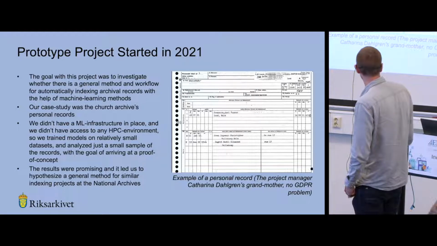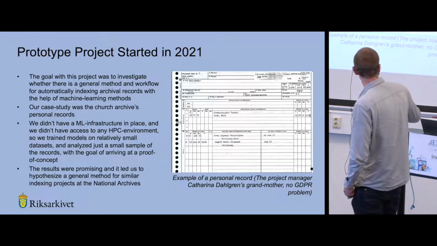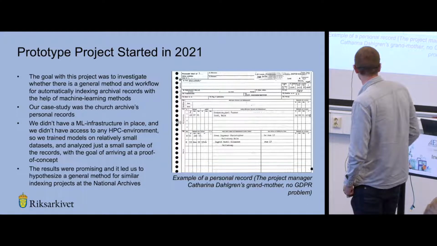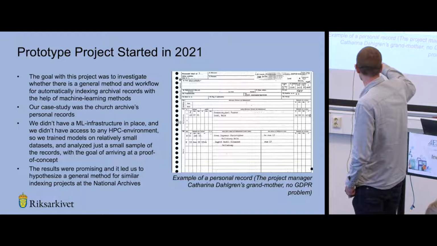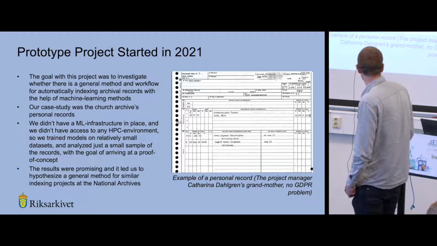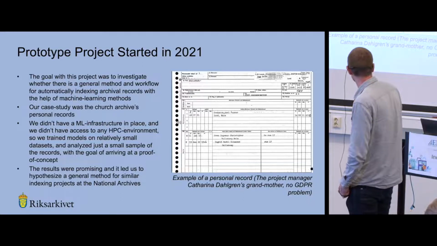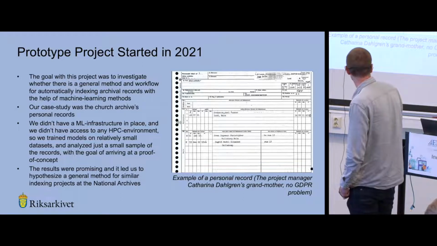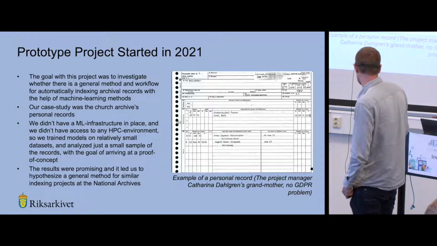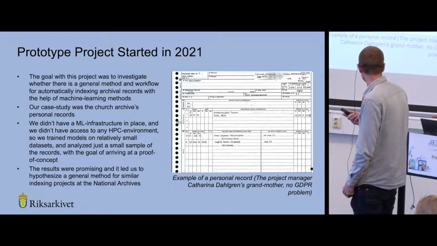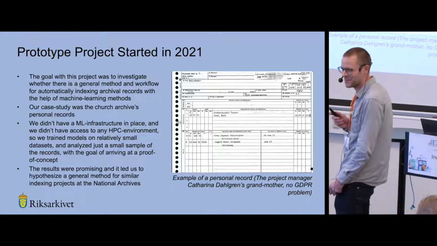You see an image of it here on the right, and we're interested in the personal registration number in the top right corner, but also the names of the spouses and the children, for validation purposes and for building up information databases on persons. This is an example of a personal record. It's the project manager Katarina Dahlgren's grandmother, so it's no GDPR problem.